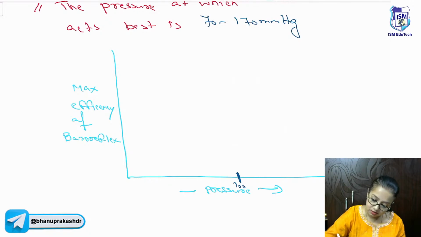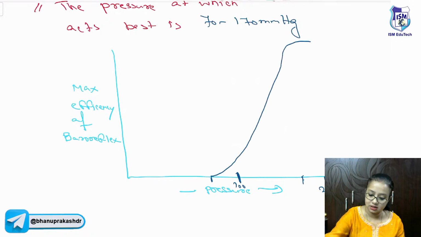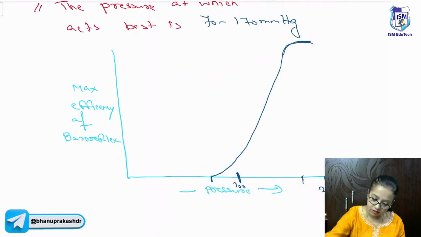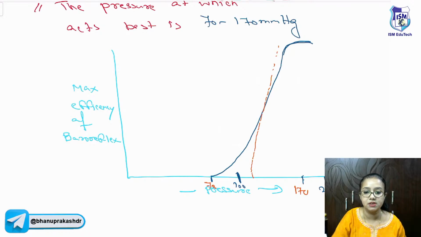And this is 70, and this is 200. So 170 will be something like that. It is seen that the range at which it acts best is something like that. The curve stands out to be something like this with its maximum efficacy lying across this dotted line. So the range here at which it acts maximum is 70 to 170 mmHg.